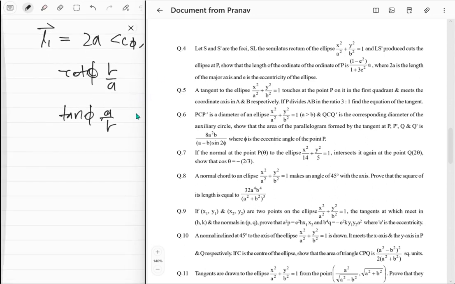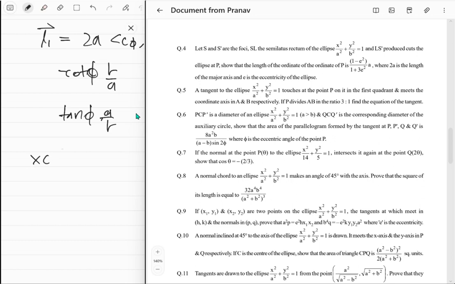And the tangent's equation is of course x cosine theta. Do you have to do that like that? It's taking forever. Fine, let's just do this.